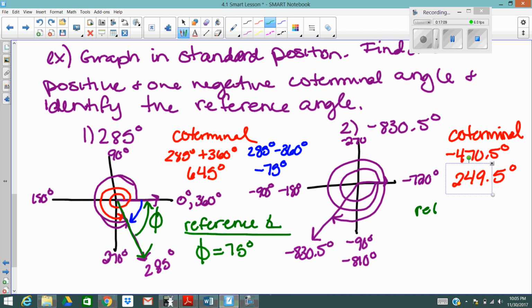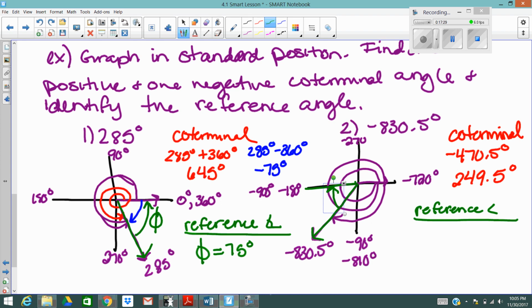So now let's find our reference angle. So again, the reference angle is the angle that is made with the terminal side of my angle and the x-axis. So that is going to be my reference angle.